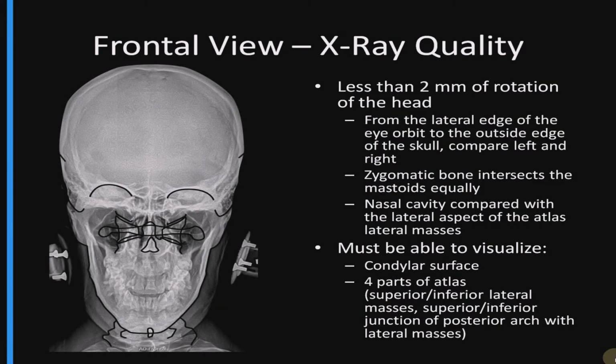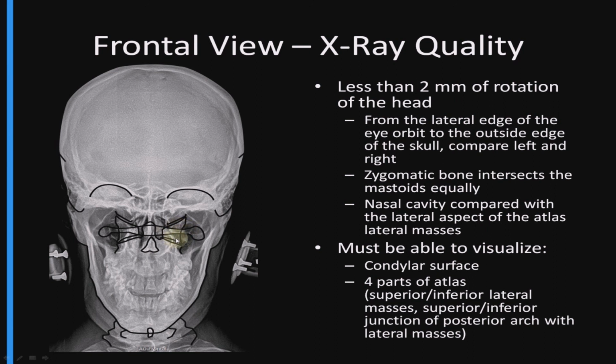When we're doing quality control assessments of the actual film and looking from the eye orbits to the side, we need less than 2 millimeters of rotation. We should say less than 2 millimeters of inconsistency from side to side. We'd like to see the zygomatics intersecting the mastoids the same. And we do want to be able to see the condyles, the entire atlas lateral mass, the C7, and the posterior arch of the atlas needs to be flat or slightly frowning.